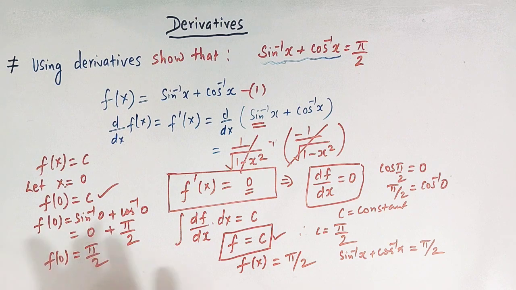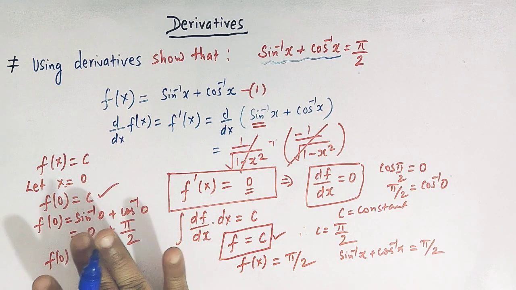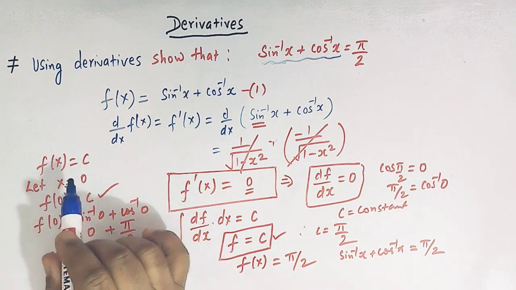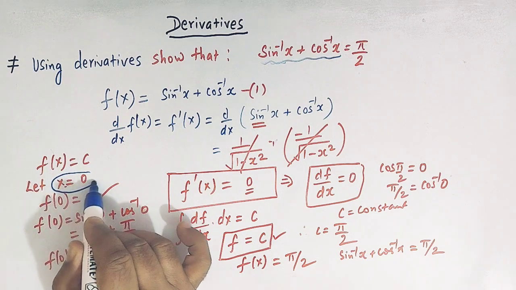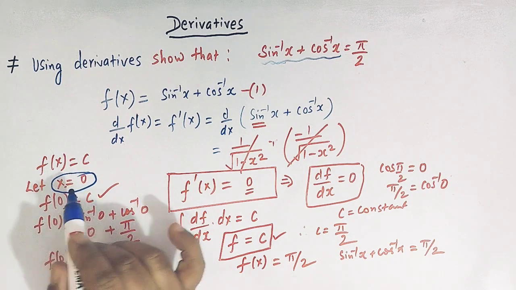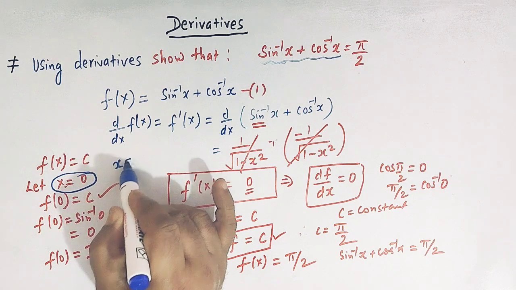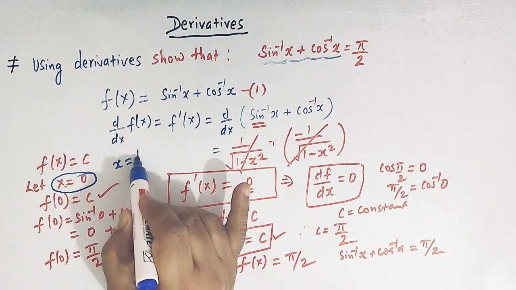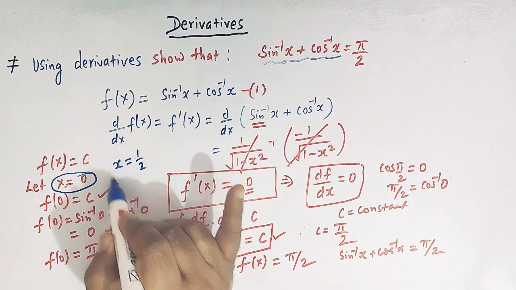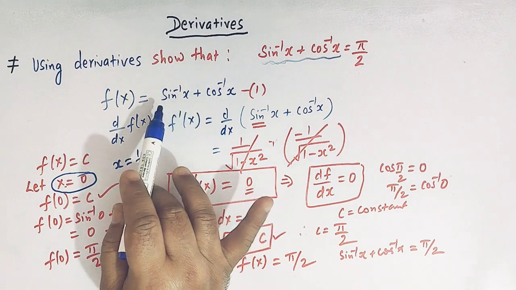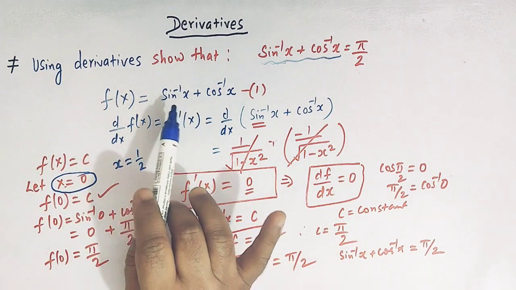Now viewers, here I would like to mention an important point. Here we have assumed that x is equal to 0. Suppose we take some other value, say x is equal to half. We'll take some convenient value so that we can find the corresponding angle.